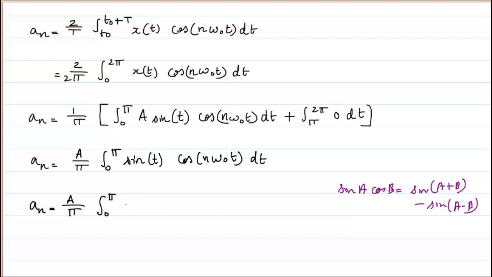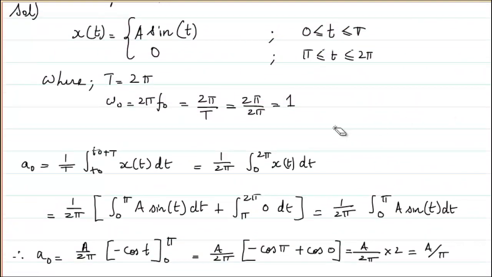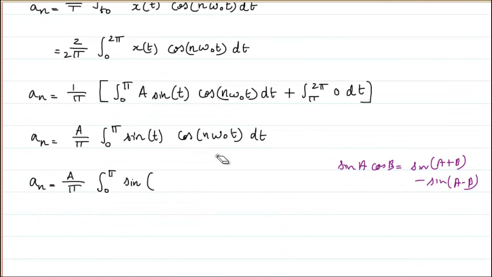Now sine, you can write anyone in the front. But before that, I should remember that omega naught, already we have found out omega naught to be 1. So that I will substitute here so that the equation becomes somewhat more simple. So it is cos nt dt.